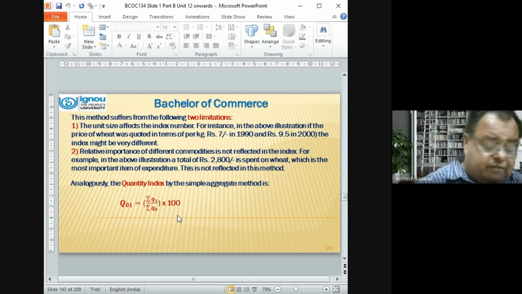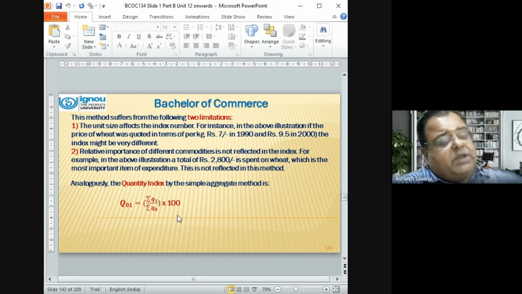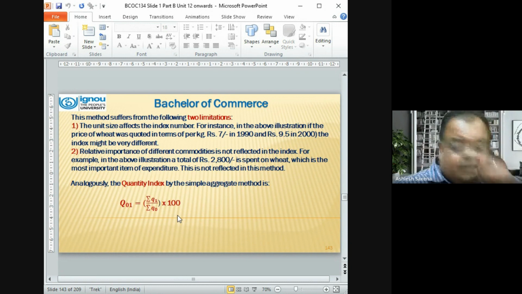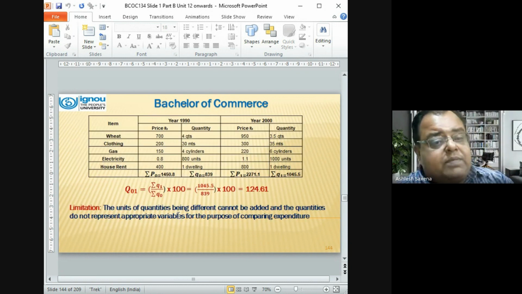Now, moving from price to quantity, this becomes Q01, which is equal to summation Q1 upon summation Q0 into 100. Here is the same problem, now we are calculating quantity.